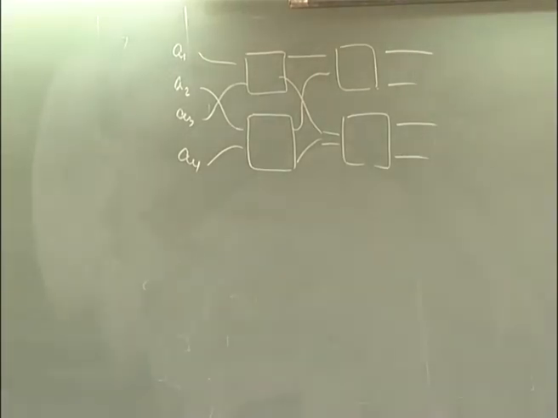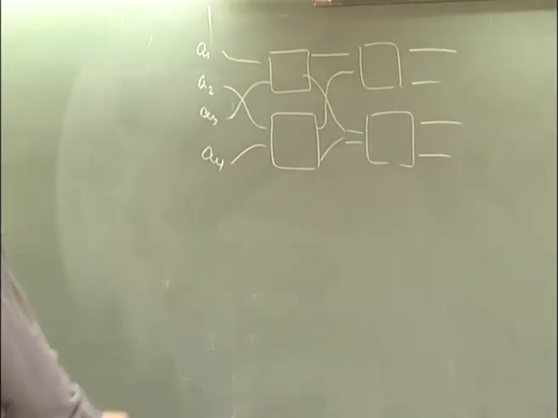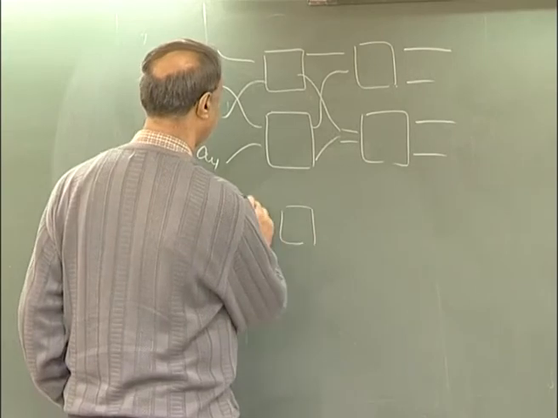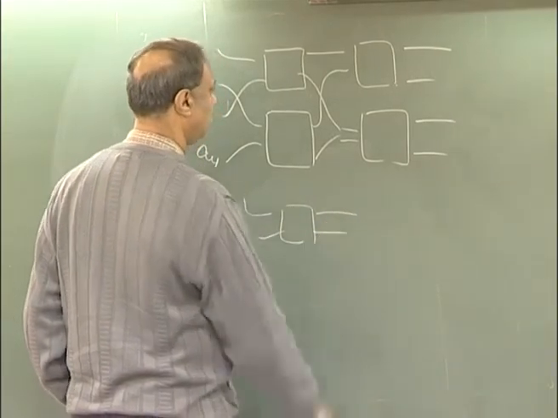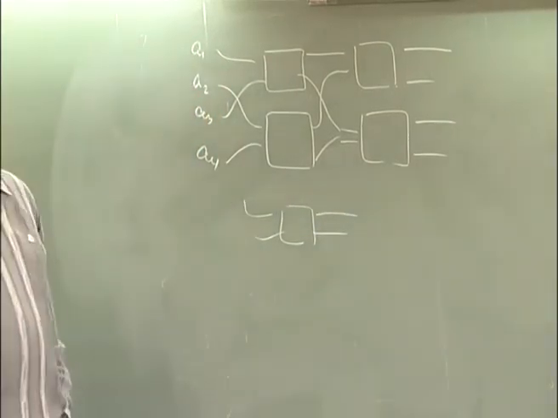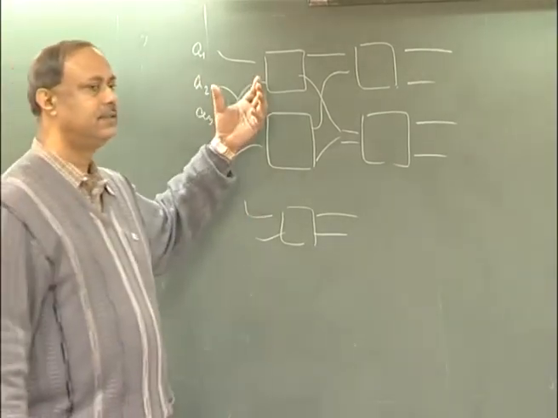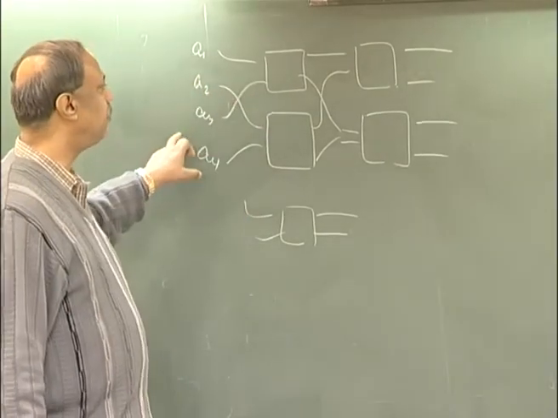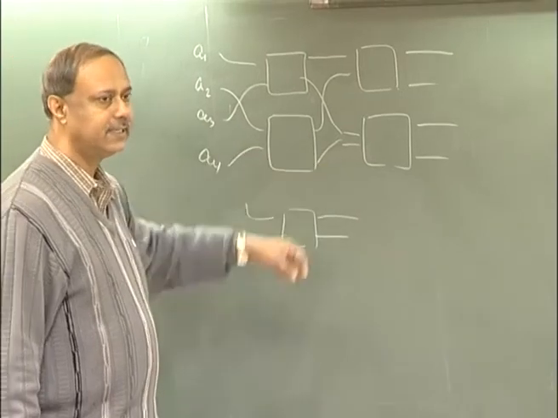Right? That is the two elements you need to give you the sorted sequence. If you have four elements which form a bitonic sequence, the structure is like that.